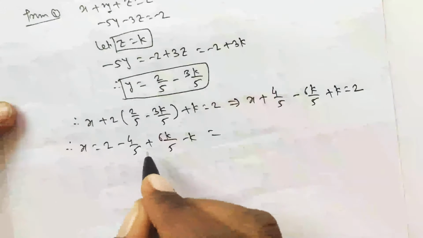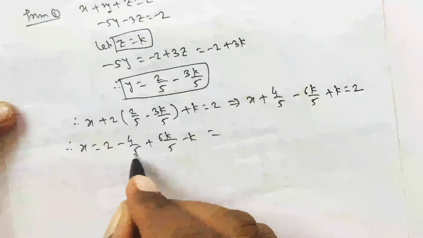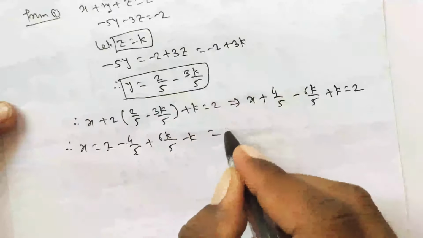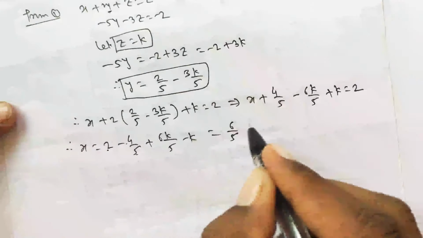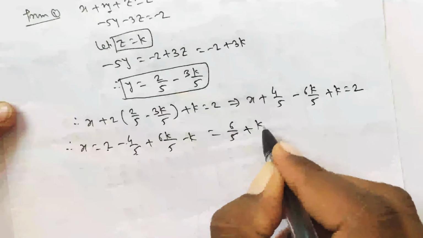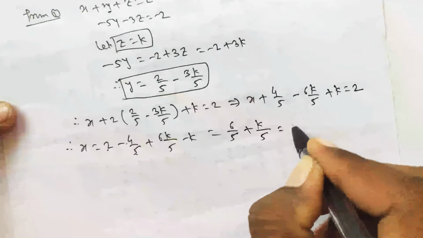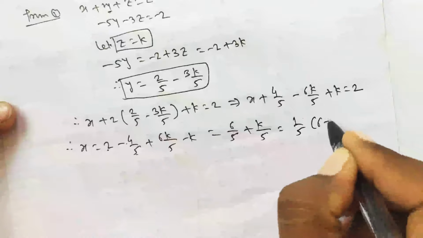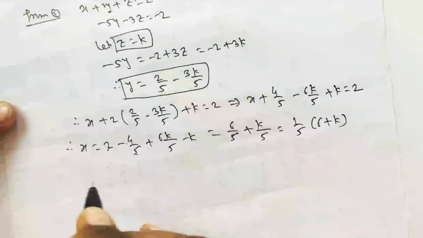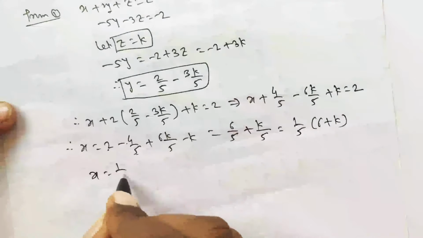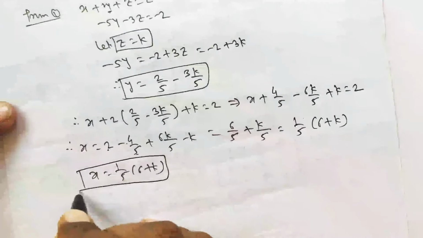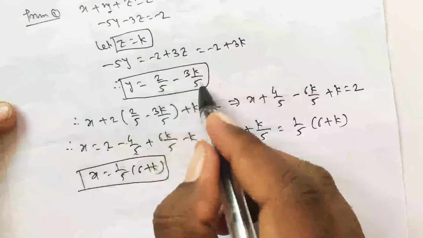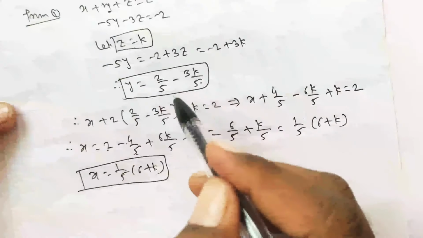Simplifying, 5 into 2 is 10, 10 minus 4 is 6/5, and 6k minus 5k is k/5, which is 1/5 into (6 plus k). So x is equal to 1/5 into (6 plus k), y is equal to 1/5 into (2 minus 3k), and z is equal to k.